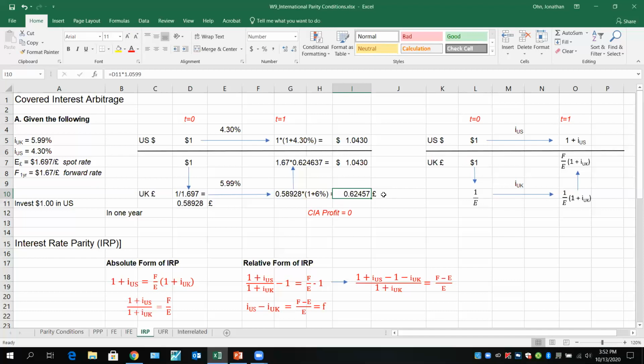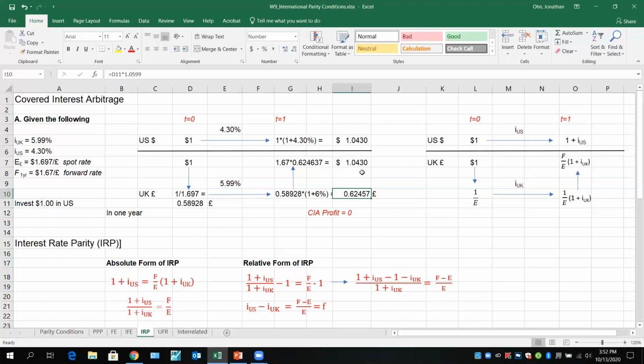Uncertain, unless you take some action, like a hedging action. To make this uncertain outcome certain, you get into a forward contract using the 1 year forward rate. So if you hedge this future 1 year British pound through a forward contract, at 1.67, that forward rate, it will become this amount of US dollars, right?